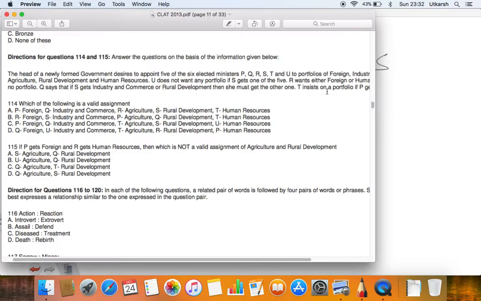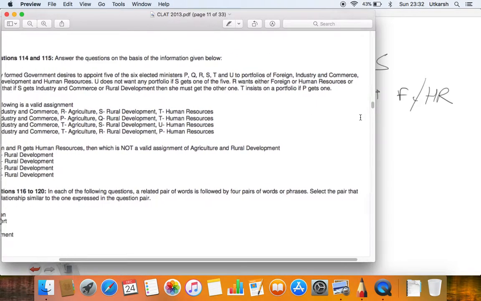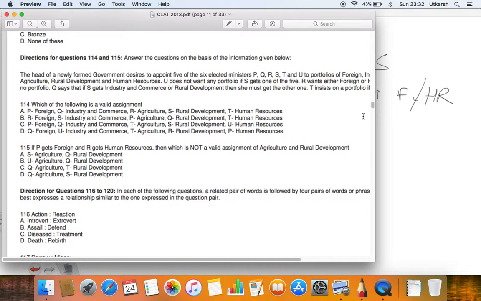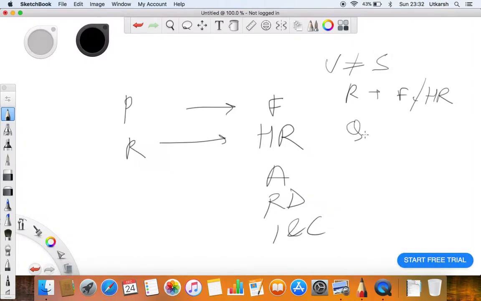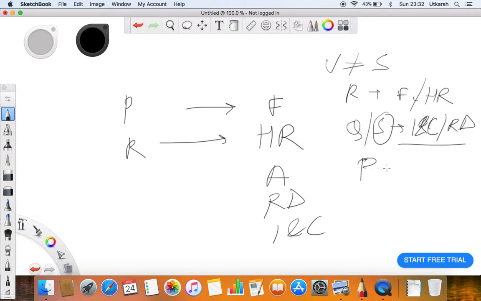S cannot be with U, R wants F or HR, right? Q or S should get I and C or R and D, if one gets the other. If S gets either, then the Q should get the other one, and then P should get one if T is there.